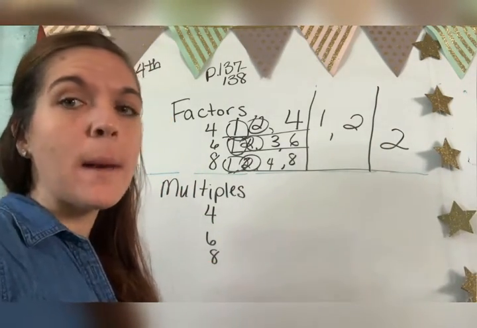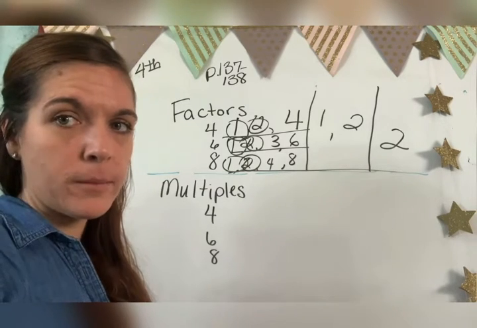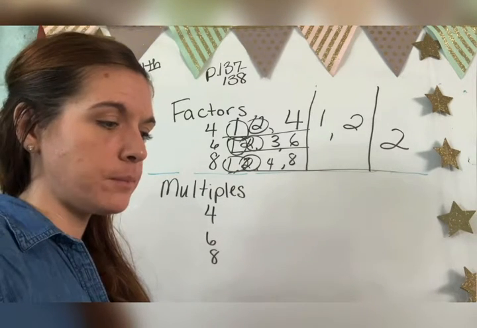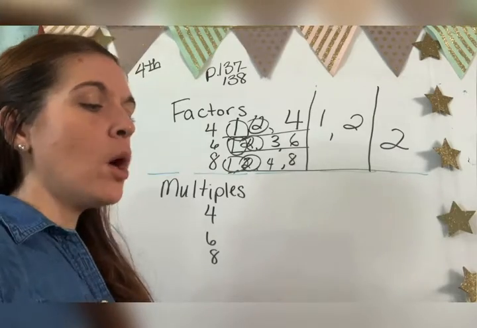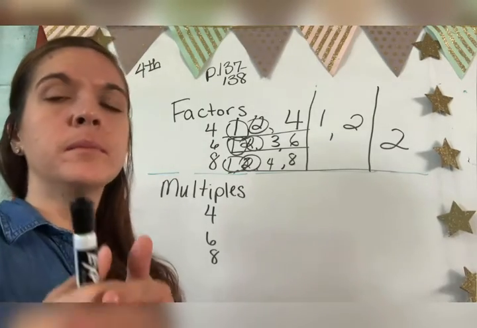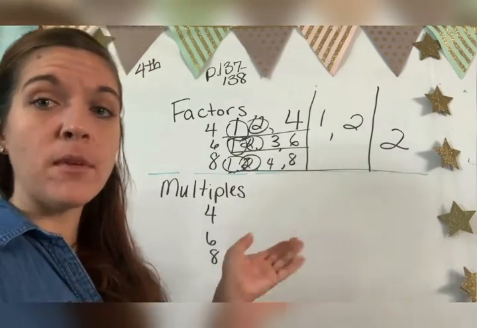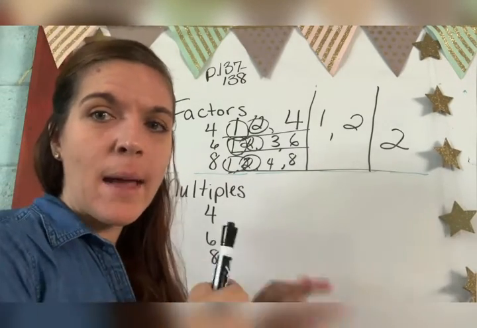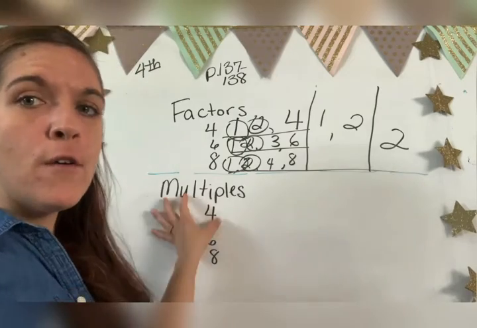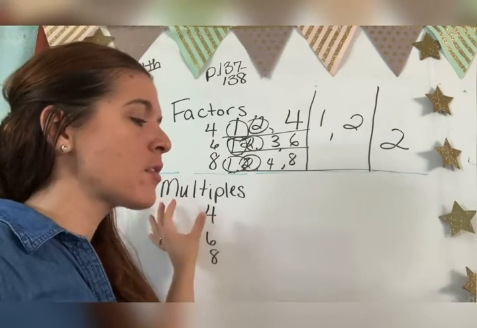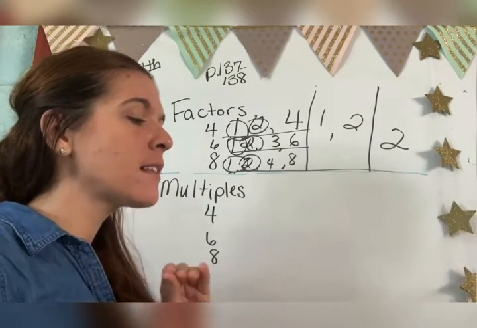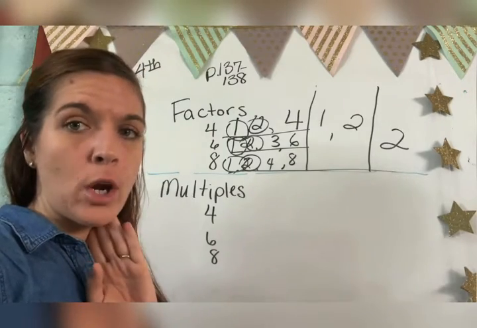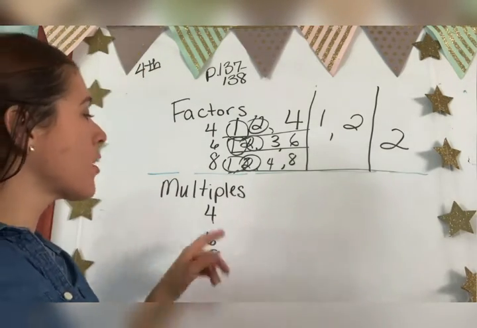Now listen to what multiples are, okay? Multiples. Multiples are bigger numbers than the number that you start with, where you multiply them together. Okay, so for example, 4. A multiple is the product of the number multiplied by a whole number. Okay, so look, what are my multiples of 4?